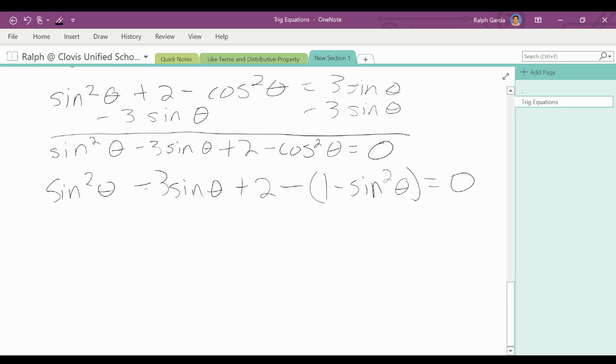Okay. So cosine squared is the same as 1 minus sine squared. Then I'm going to go ahead and do, okay. So I distributed that negative in there.